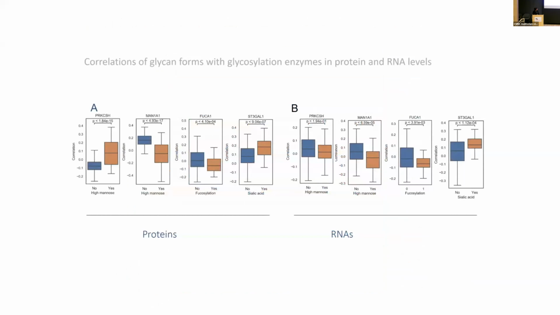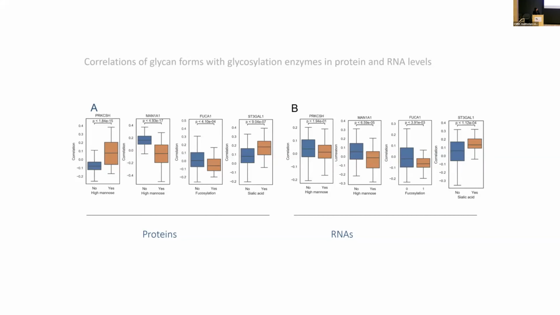So this overexpression of glycopeptides can be further investigated to determine the genes involved. There are hundreds of glycosylation genes responsible for glycosylation biosynthesis. The correlation study shows that oligomannose glycoproteins are positively correlated with PRKSH1 and negatively correlated with MAN1A1.